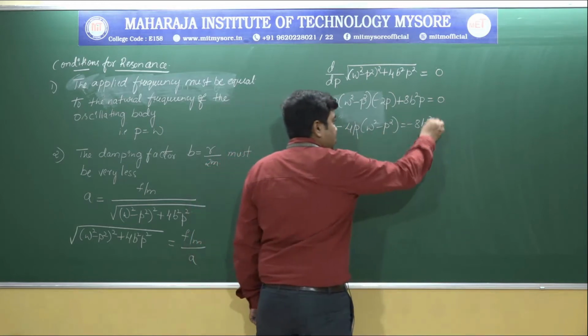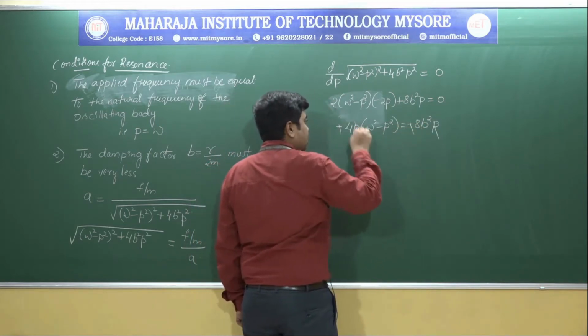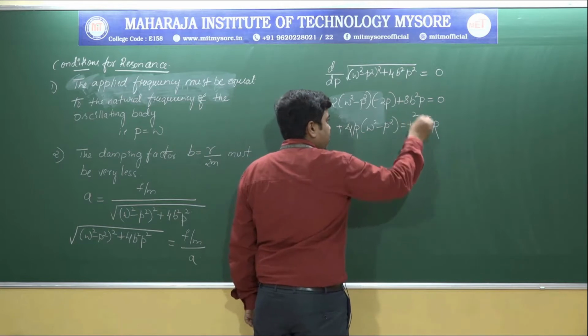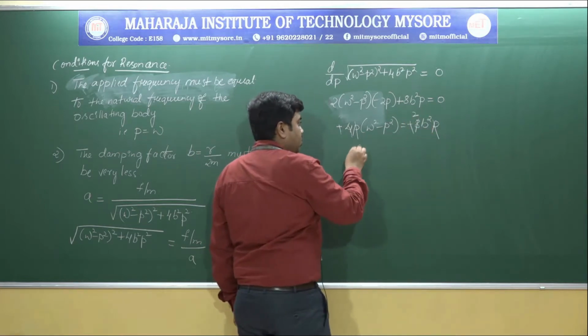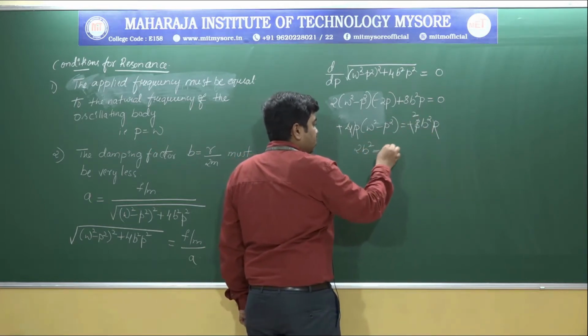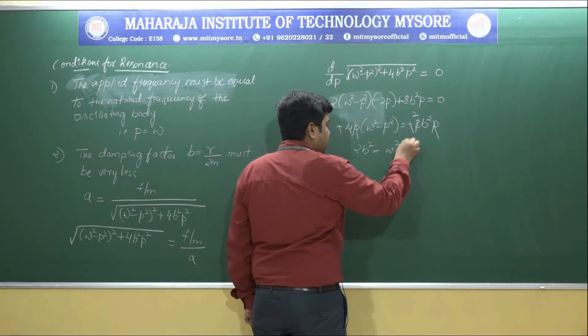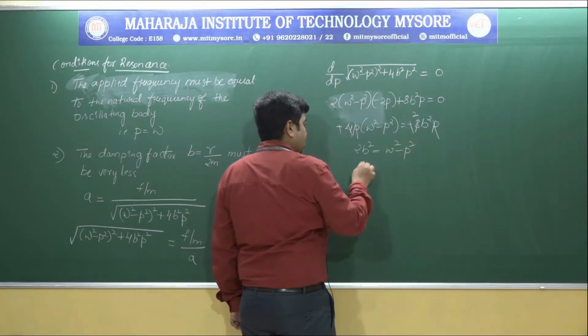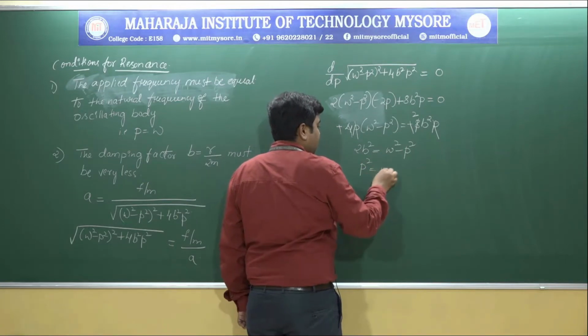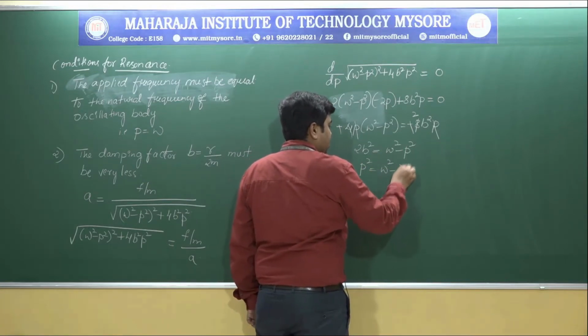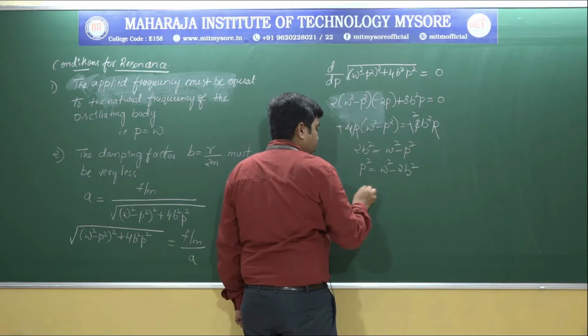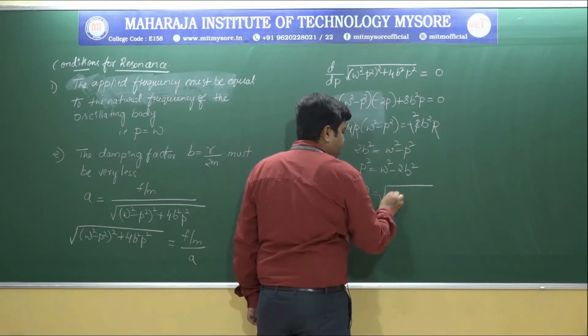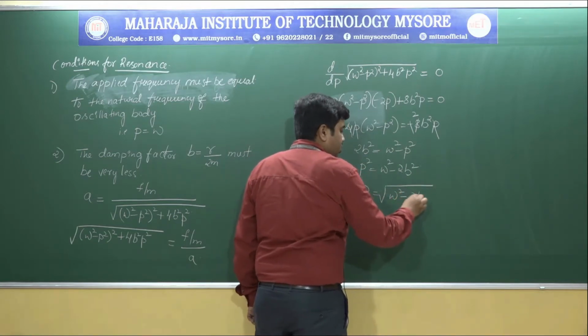So p gets cancelled, negative sign, and 2 times 8. So we are left with 2b square is equal to omega square minus p square, or p square is equal to omega square minus 2b square, or p is equal to square root of omega square minus 2b square.